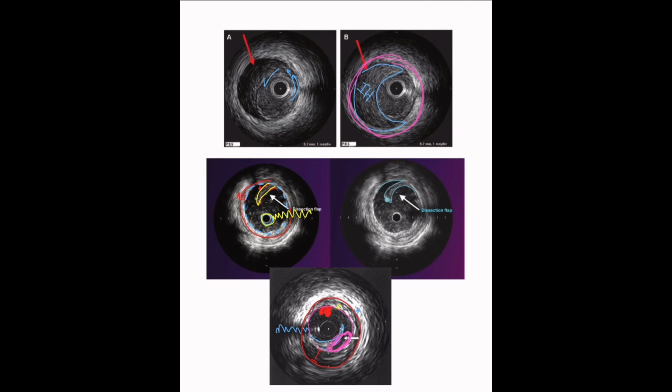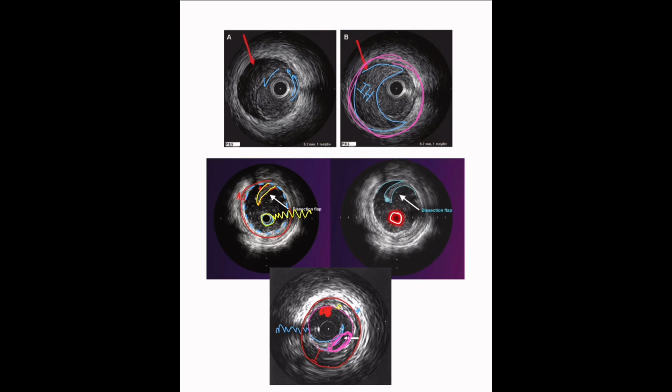I know dissection on OCT is a little more obvious, so it's good to practice on OCT to know your vessel layers and know where the dissection would develop, and then match that to IVUS imaging where it's not as clear, but you understand your order of operations here, and you have that clear picture in your mind of what the dissection looks like on OCT, and you can overlay that mentally here and be like, oh yeah, this is the catheter, this is the lumen, I do see the media here, what is going on out here?